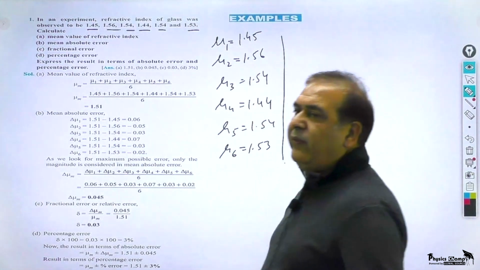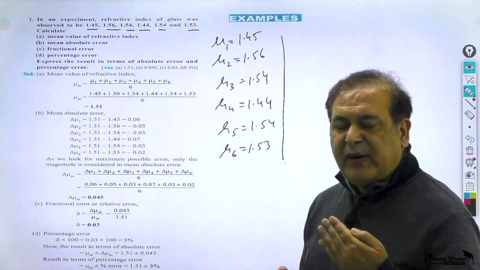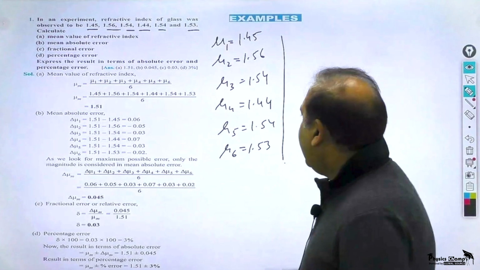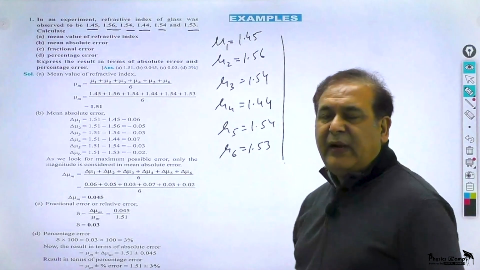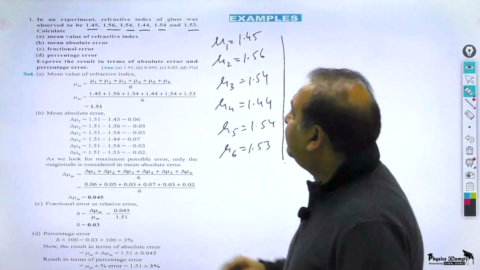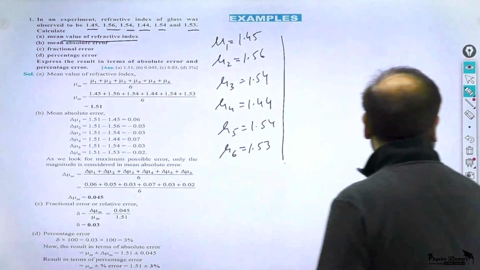So during the measurement of refractive index, 6 different readings are taken, and these are the values observed. The question is, we need to get the mean value of refractive index.